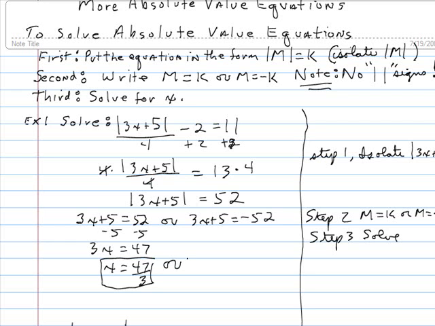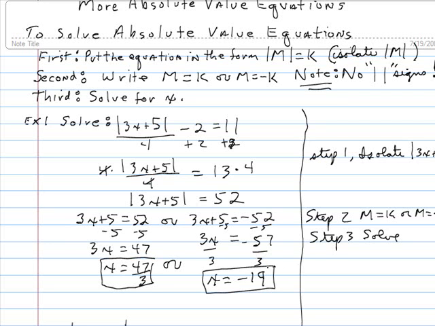Or on the right, I subtract 5 again, but this time when I subtract 5 from negative 52, I get negative 57. I divide both sides by 3, x equals negative 19. And there are your two solutions to that problem.